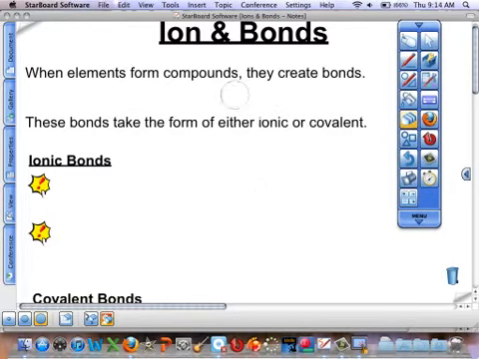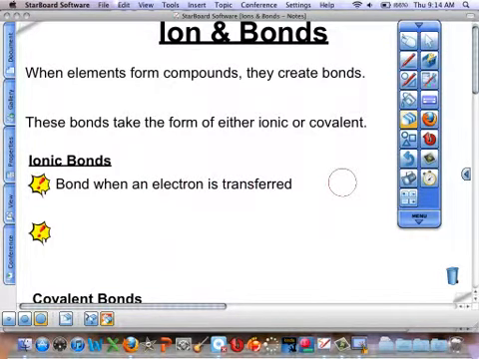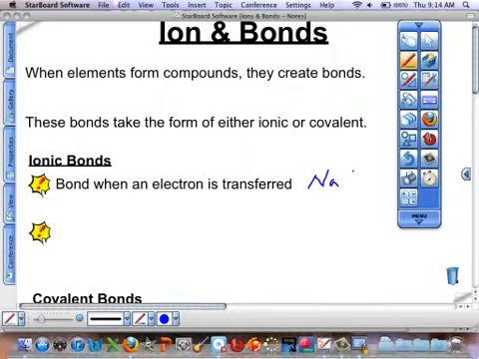So when we look at ionic versus covalent, your ionic compounds are basically when we are transferring that electron. A perfect example of that was the NaCl that we already saw, where sodium literally gave the electron to chlorine. That is an ionic bond, anytime that an electron is being given away from one atom to the next.